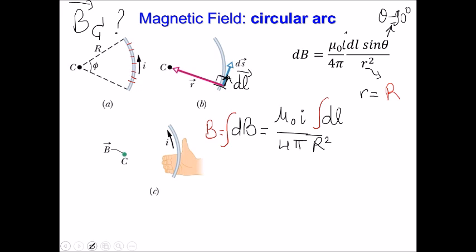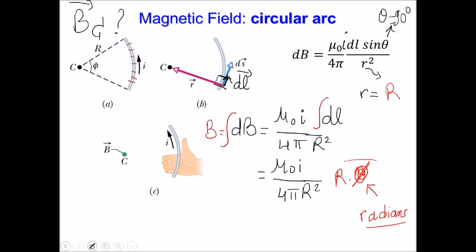And what is the length of a circular arc? So this will be equal to mu 0 I over 4 pi r squared. And what is the integral of dl? What is the length of this arc? That's just the radius times the angle, phi, but phi expressed in radian.